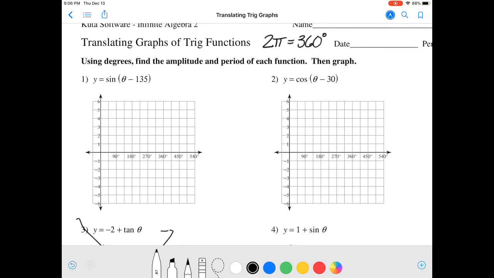So when you're thinking of a normal period of a sine function or a cosine function on these graphs that are in degrees, instead of going from 0 to 2 pi, we're going to go from 0 to 360. So 180 degrees on the graph would be like pi, 360 degrees would be like 2 pi, 540 degrees would be like 3 pi. So hopefully you guys can figure this out.